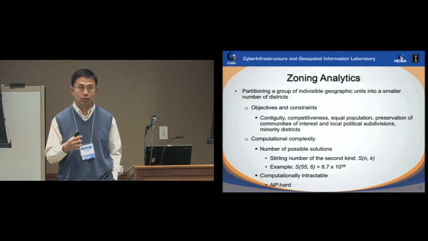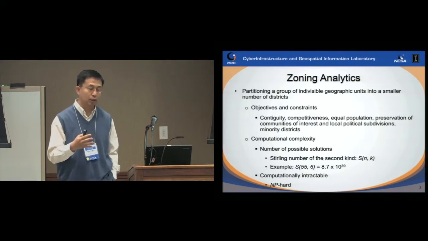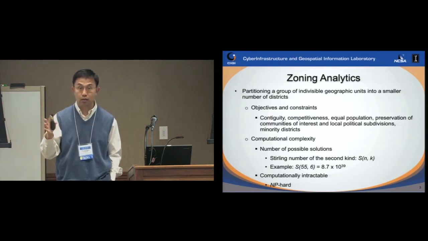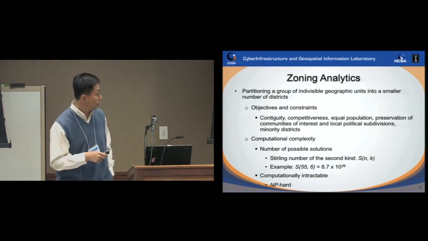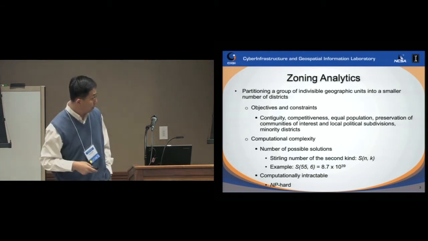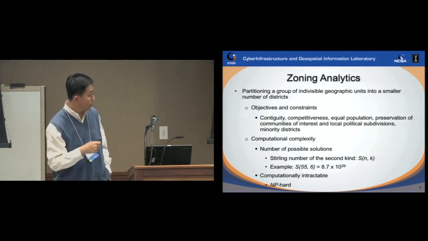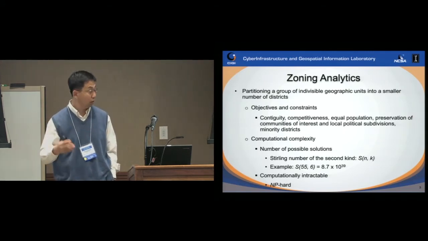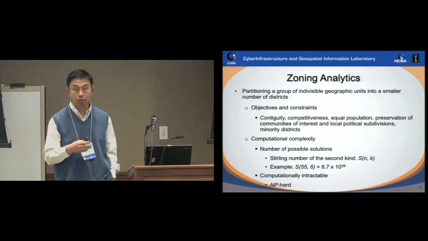The problem nature is what we typically refer to as a combinatorial search, because there are so many combinations across space. And if we're talking about math, it's the Stirling number of the second kind, so it's combinatorial optimization we're talking about. It's NP hard.